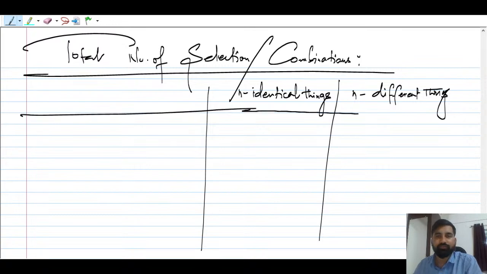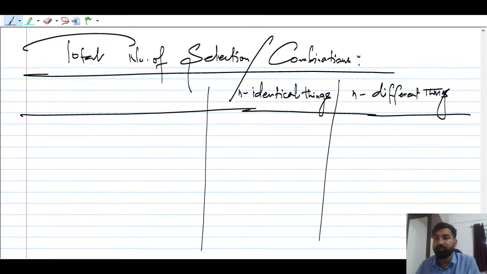Just like in permutation we have seen permutation for alike objects and permutation for distinct objects, selection should also be understood for both kinds of objects, identical and different things. So, number of ways of selecting.